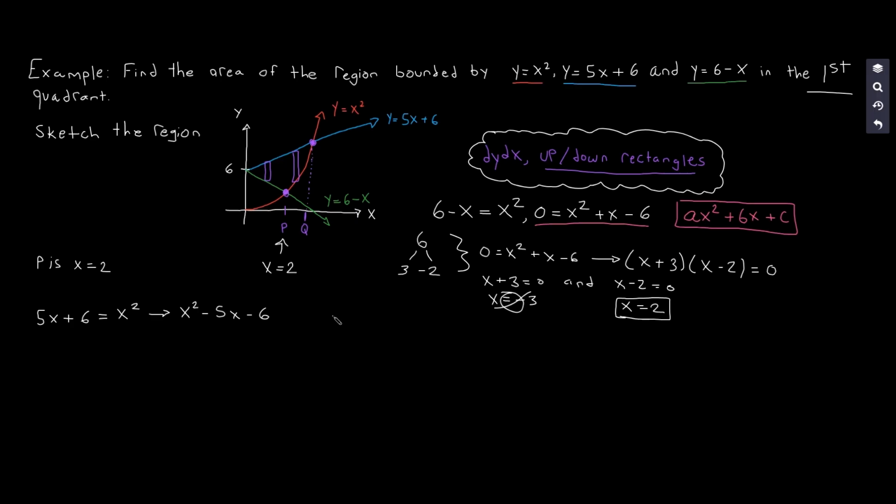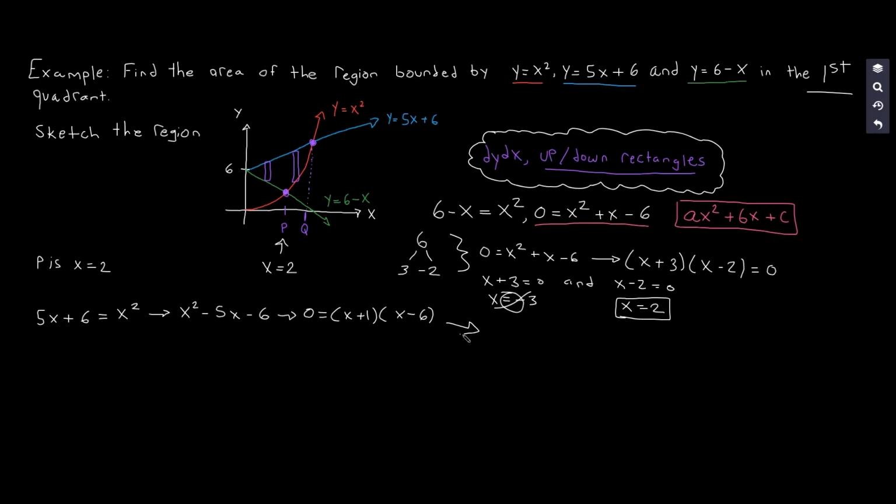And now I'll factor this by finding two numbers that multiply to negative 6 and add to negative 5. Well, I know that the answers are 1 and negative 6. So I'm going to set this up. It goes 0 equals x plus 1 and x minus 6, and then that's going to give me two separate equations just like before.